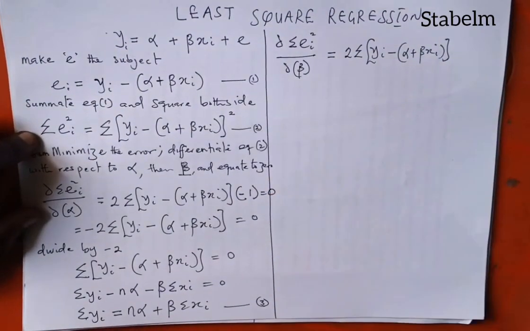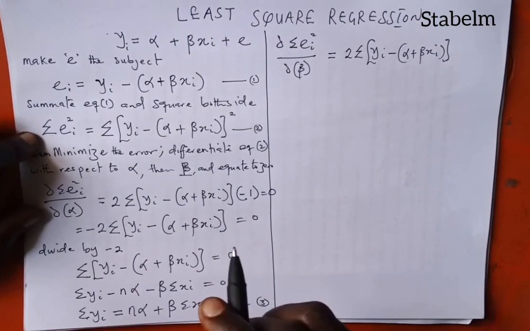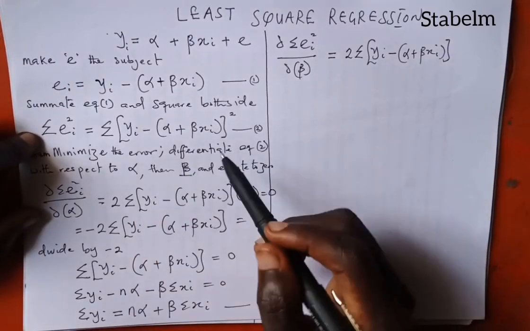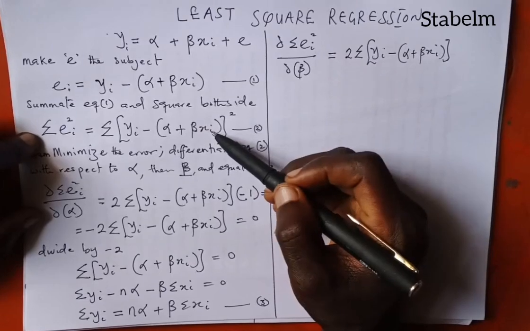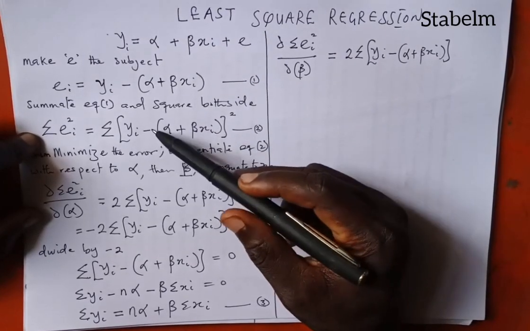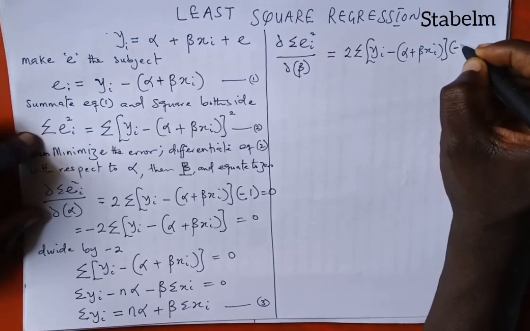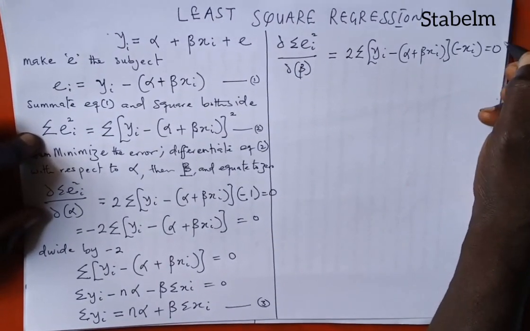Subtract 1 from the 2, we have 1. Now we need to differentiate the inner function with respect to beta, so we have x i. You should not forget we have minus here, so everything is going to be minus x i equals to 0.